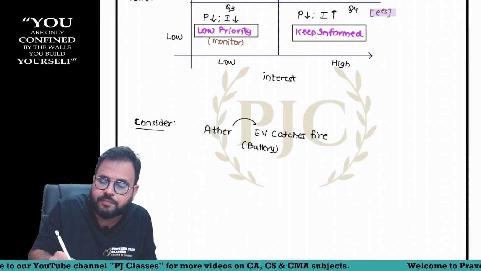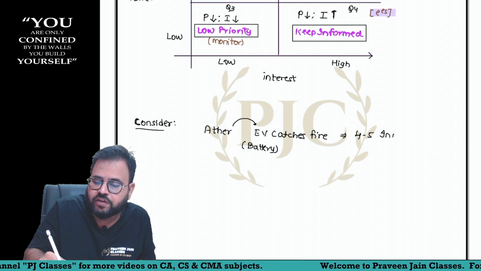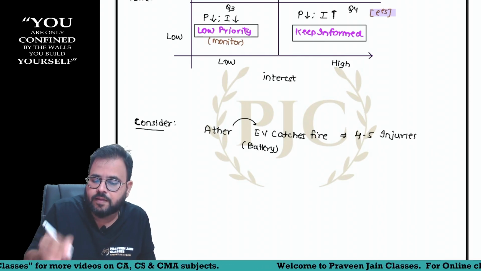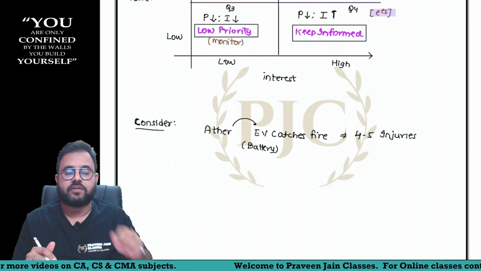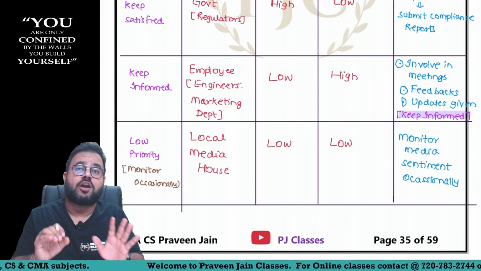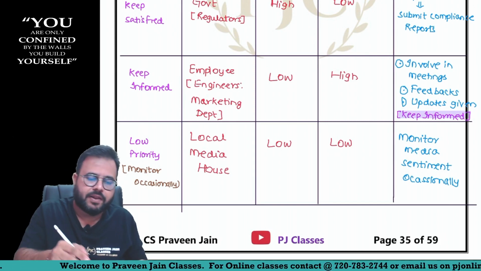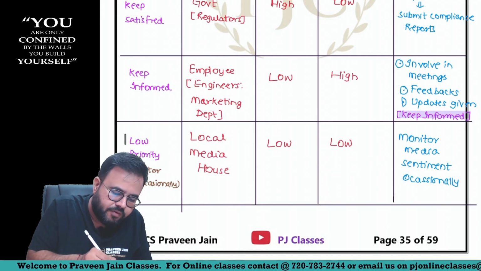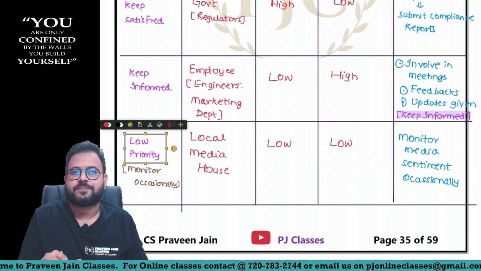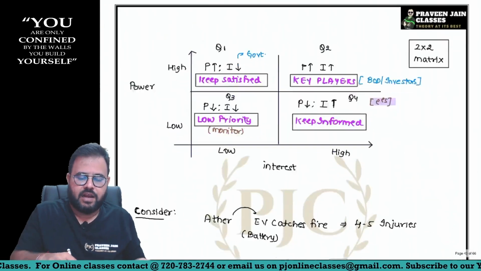And say for example, 4 to 5 people got some injuries. Till now, you said media house is not that important a stakeholder of the company. Hence, you treated them with low priority.